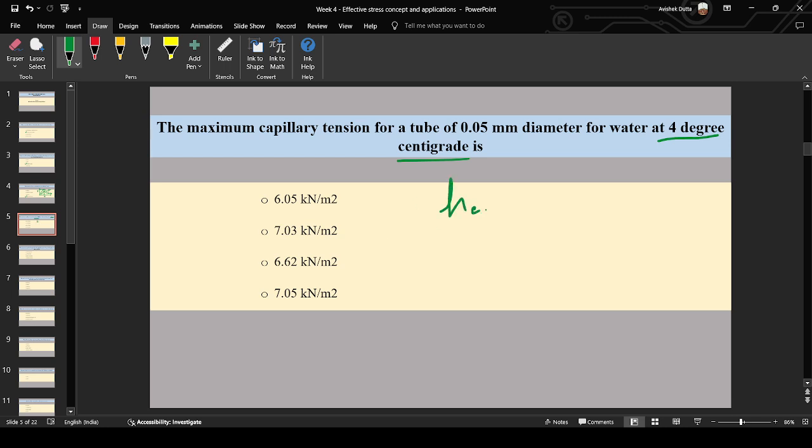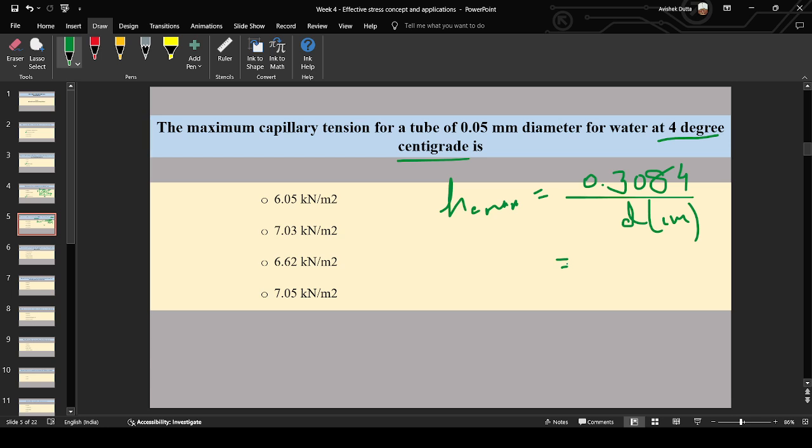HC max, the maximum height of capillary rise, is the ratio of 0.3084, a constant value, divided by the diameter in centimeter. Putting in the diameter, 0.05 millimeter, that is 0.005 centimeter, we get 0.3084 divided by 0.005, which is in centimeter.